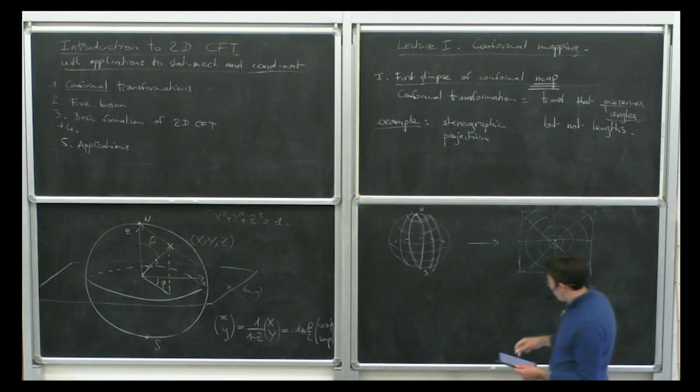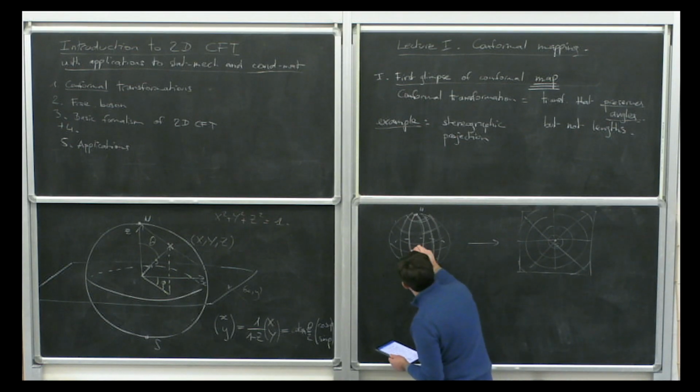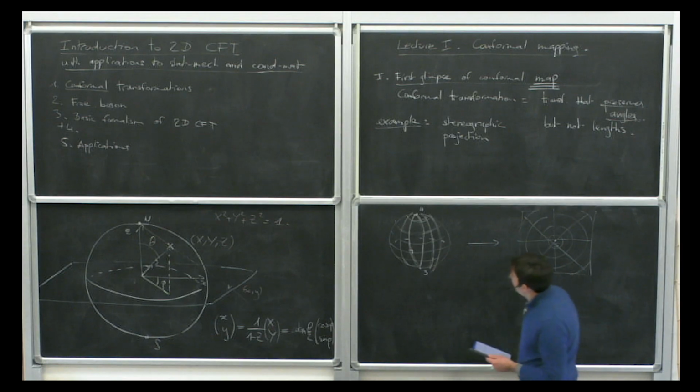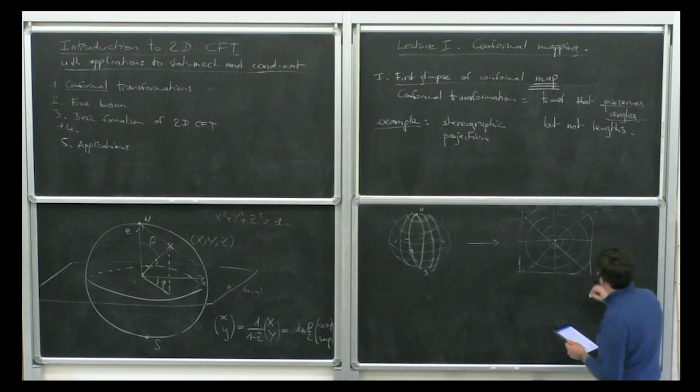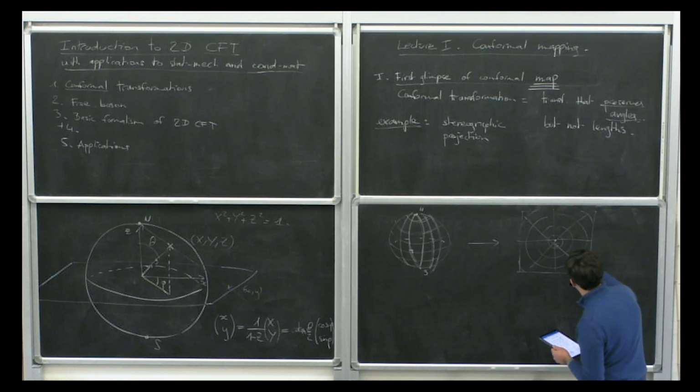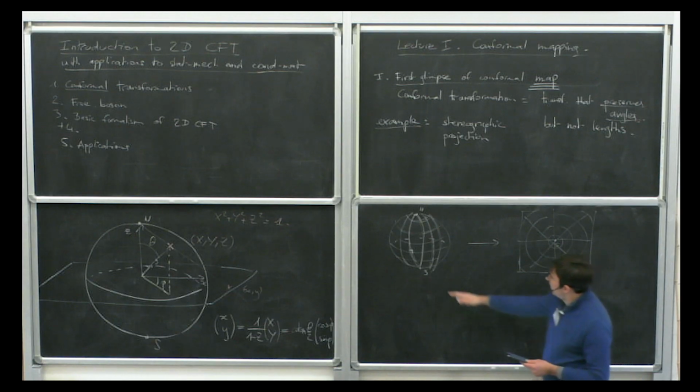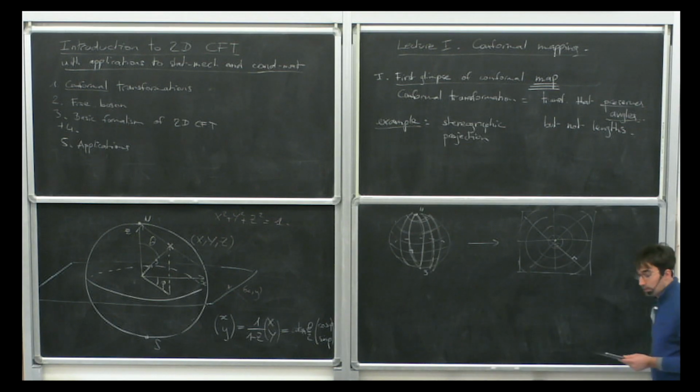And if you look at the angle between one of the vertical and horizontal lines on the sphere, it gets mapped to some angle here, and you see that a right angle gets mapped to a right angle. So angles are preserved.